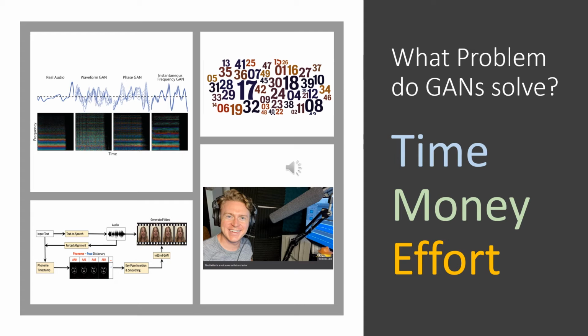So what problem do GANs solve? Well, computers have had an issue with generating new data. Even the ability of a computer to generate random numbers is limited as they still have to be programmed. Content is expensive to generate.